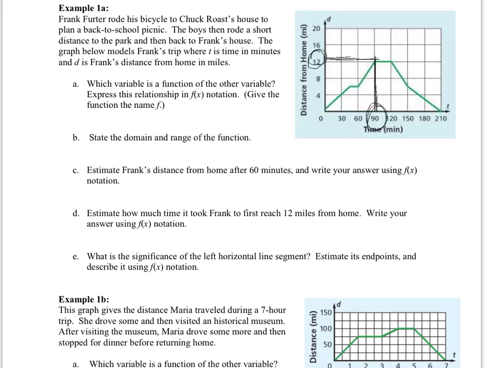So when d equals 12 miles, it took him 90 minutes. We would write that f of 90 equals 12, because the t always goes inside the parentheses, f of t equals d, like we wrote in part A.